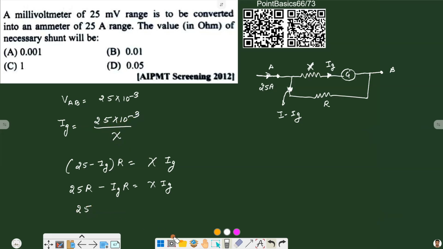So 25R minus IgR is equal to 25 into 10 raised to power minus 3. And from this we can write that resistance will be 25 into 10 raised to power minus 3 divided by 25 minus Ig.